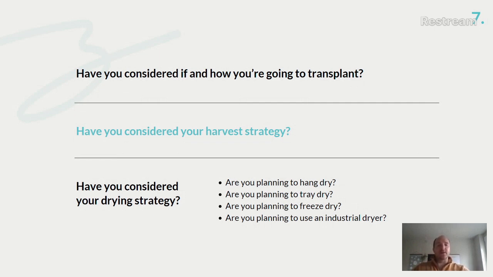Conversely, or in a similar way, tray drying, which would be using different styles of baker's racks or HDPE trays that you can stack, makes the drying process much more space effective, but it also creates flat spots on the buds.